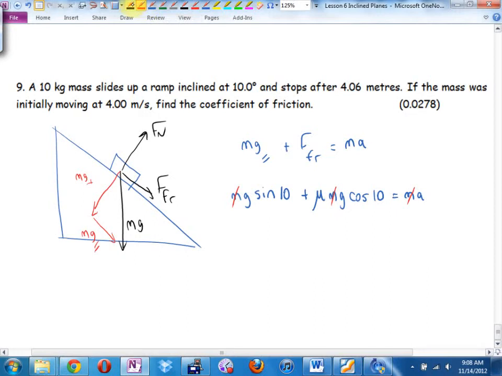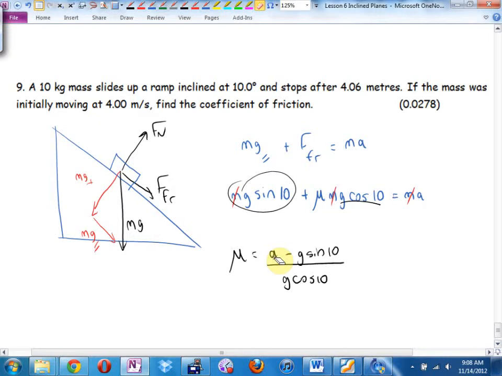Let's get the mu by itself. I can do that. I'm going to minus this over, Graydon, and then divide by those there. I think I'm going to have this: mu equals a minus g sine 10 divided by g cos 10. Let's walk through our quick checklist then. Do I know g? I know cos. Do I know g? Do I know a?